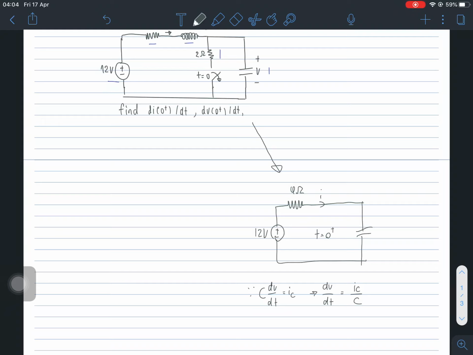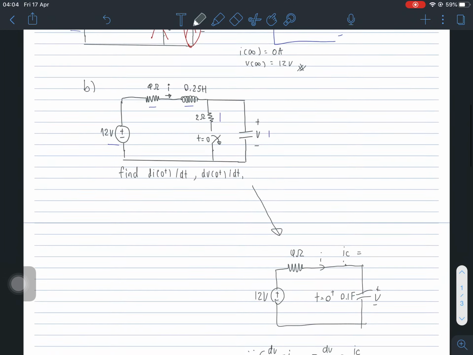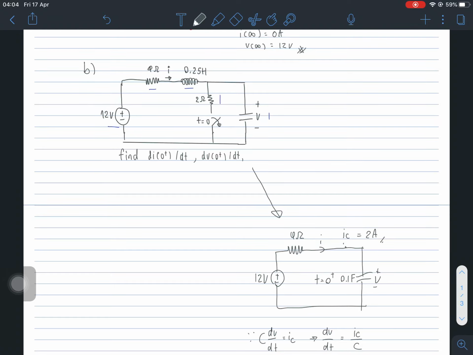And this is i. So in this case, iC should be the same as i, because the inductor can be treated as a current source. So iC is 2 amps.